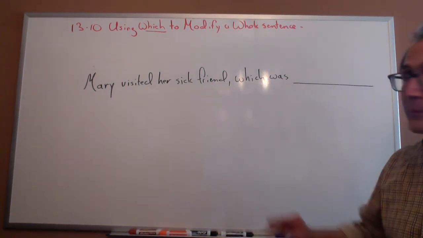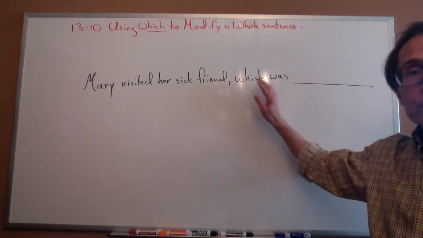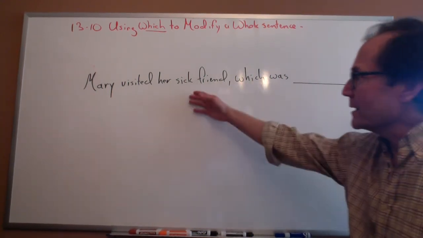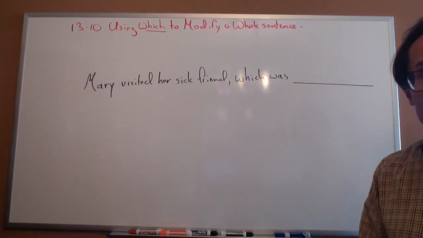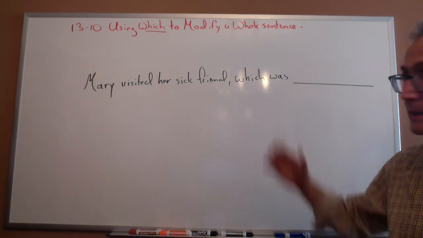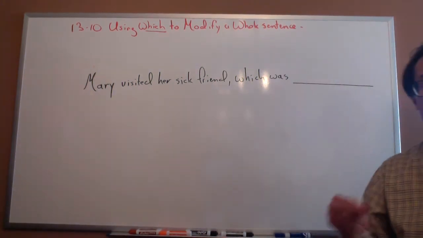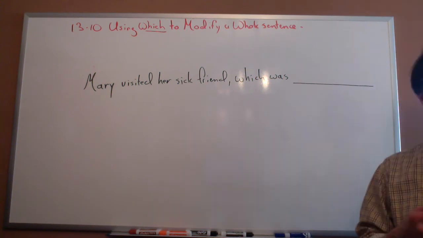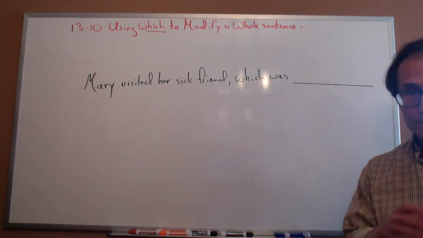Mary visited her sick friend, comma, which was. So think, how would you describe visiting a sick friend? What could you say about it in this adjective clause? Take a minute and think. I suggest at this point, pause the video. Think about it. Maybe write a sentence or two.